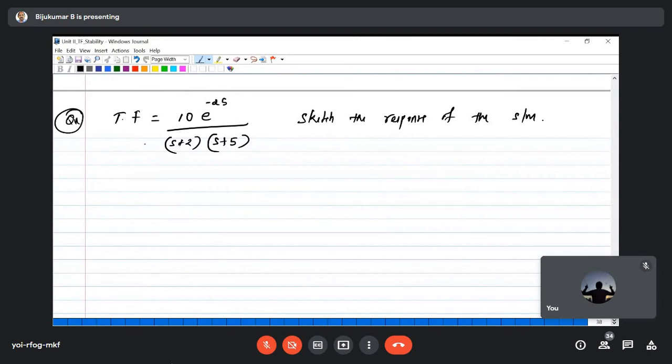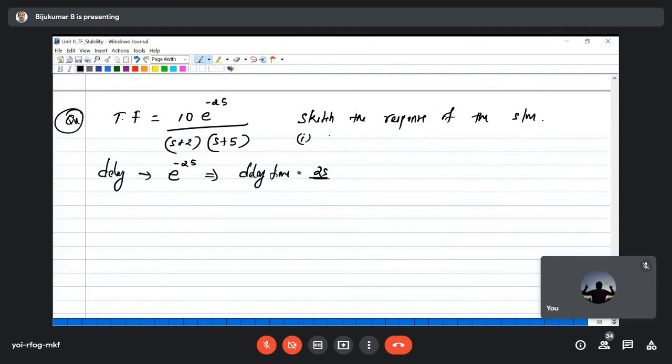How will you draw it? So in this given problem, you can observe that there is a delay function, that is e power minus 2s. So this is a delay function with delay time 2 seconds. Okay. So you have to find the sketch response of the system for these inputs.